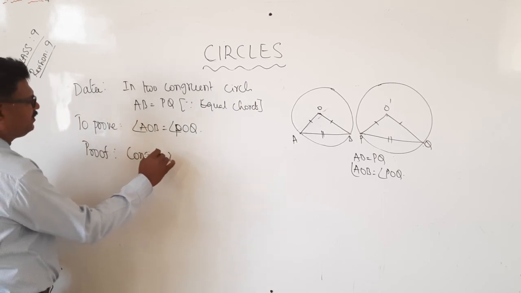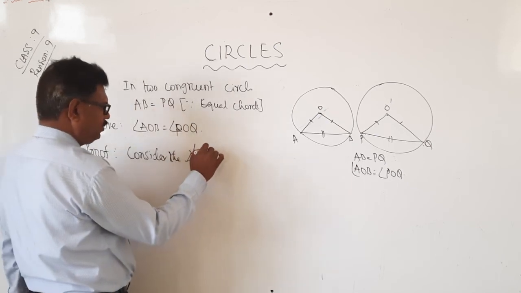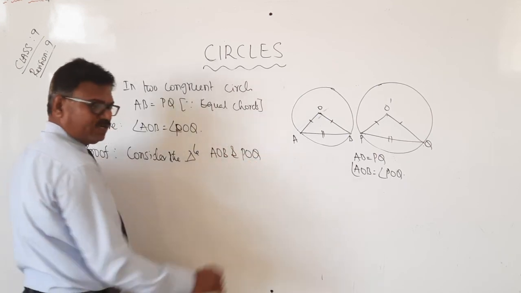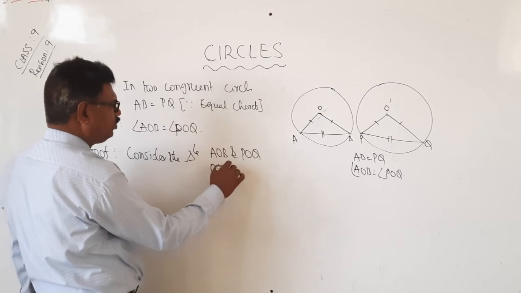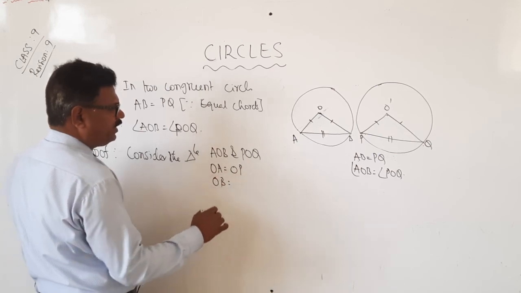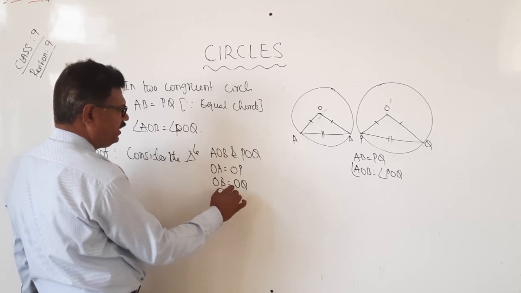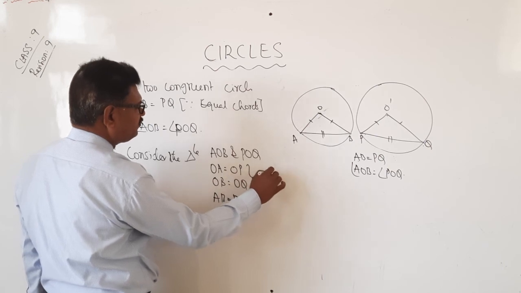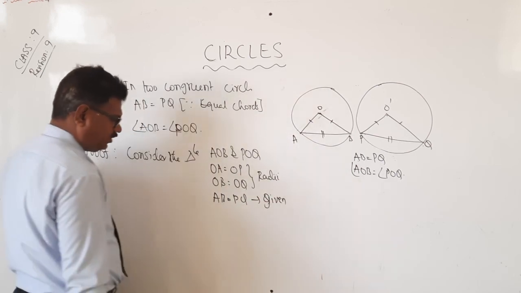Consider the triangles AOB and POQ. Then OA equal to OP, OB equal to OQ, AB equal to PQ. These two are because radii, and this is given. Okay na?